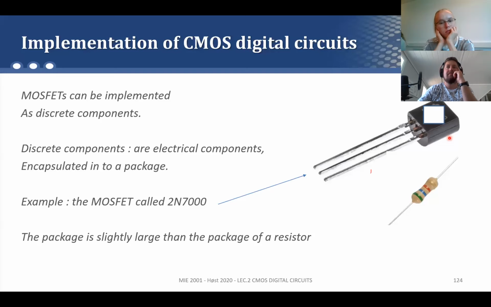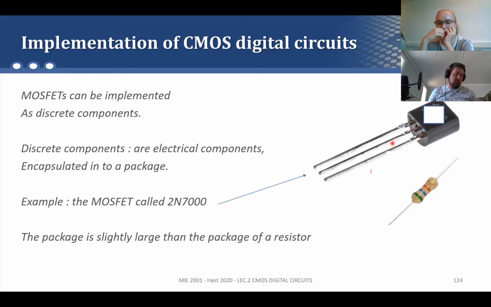What you will see in the lab is that you will work with one component, which is called CD4007, which contains 3 PMOS and 3 NMOS. However, there are also some components which contain just one MOSFET. For example, this one here that I draw in the top right side is called 2N7000, which is an NMOS, which means that inside this package, there is only one NMOS, okay?